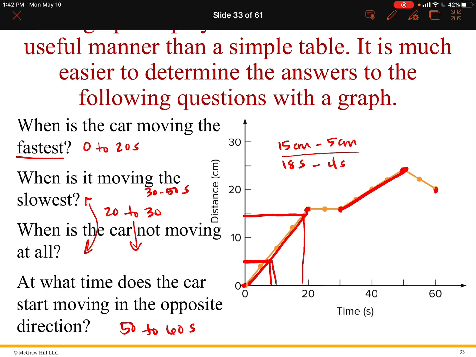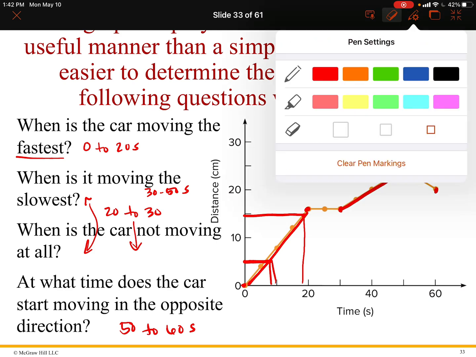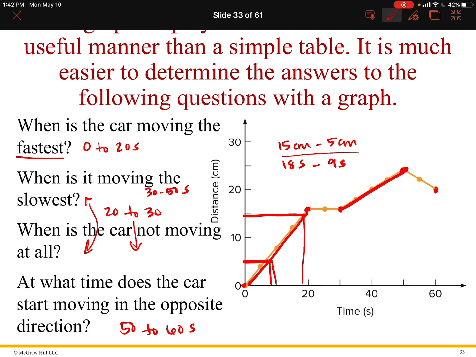Oh wait, that was really about 9 seconds, wasn't it? Because this is 10 right here. So if I take 15 minus 5 divided by 18 minus 9, I get about 1.11 centimeters per second. So it's kind of like meters per second, only not, right? But it's similar too. So those are units for velocity.